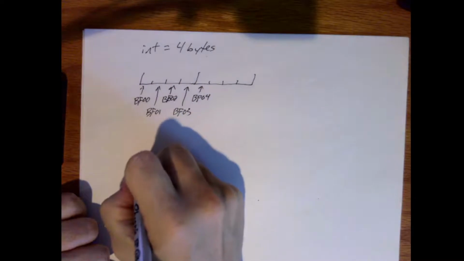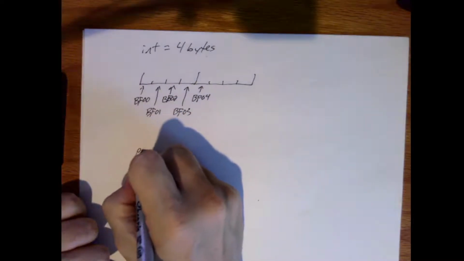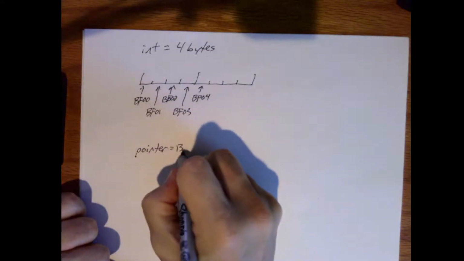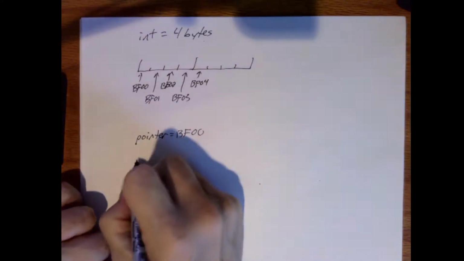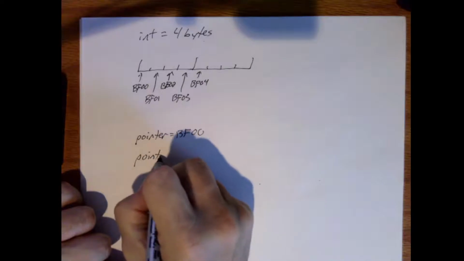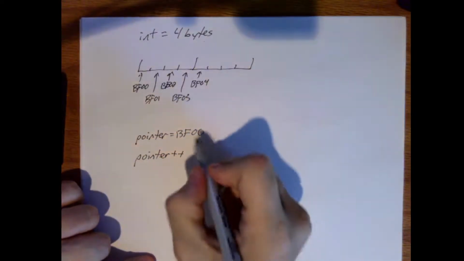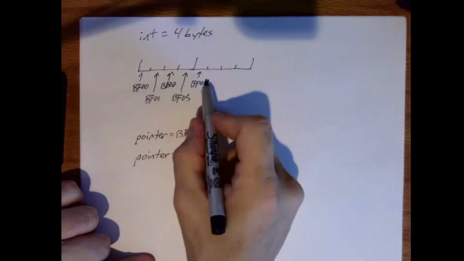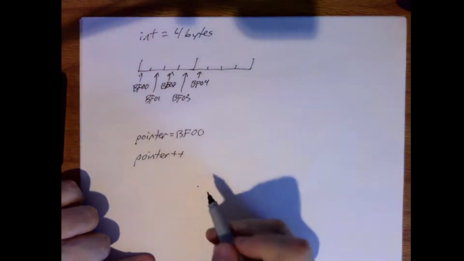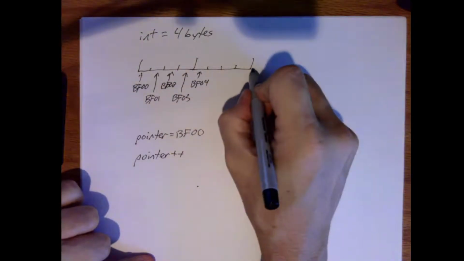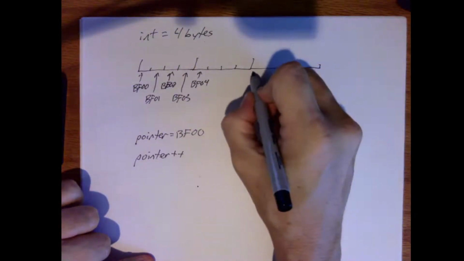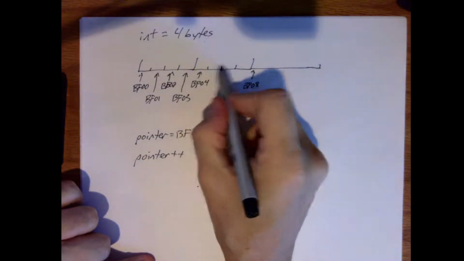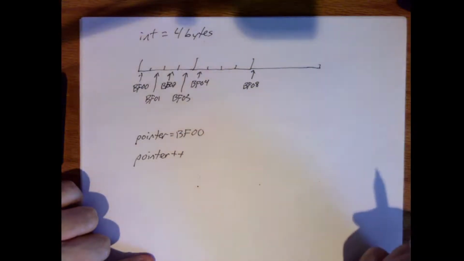So if my pointer, let's write it this way, is equal to address BF00, and I do pointer plus plus, I want to point at the next int, which means now I'm adding 4 bytes worth of addressing. And if we had another int here, this would be BF08, because this is 4, 5, 6, and 7.